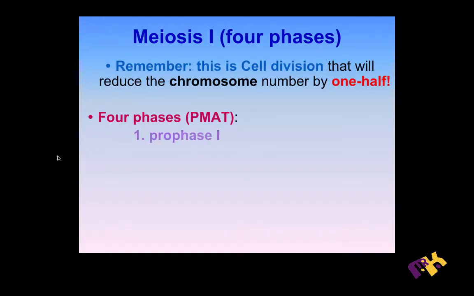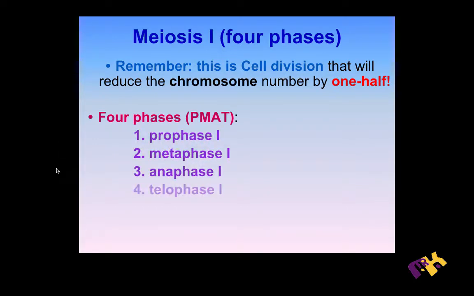All right, so there are 4 phases we're going to roll through in meiosis 1, and we're familiar with prophase, metaphase, anaphase, and telophase. But because we're going to go through this process twice over, we usually designate prophase 1, metaphase 1, anaphase 1, and telophase 1, this first stage of meiosis.